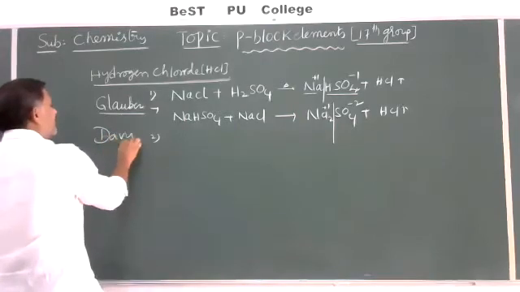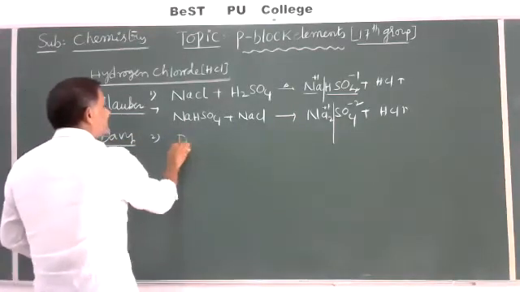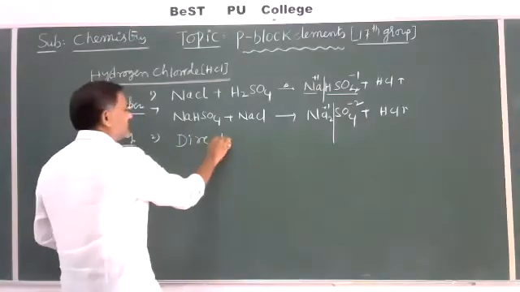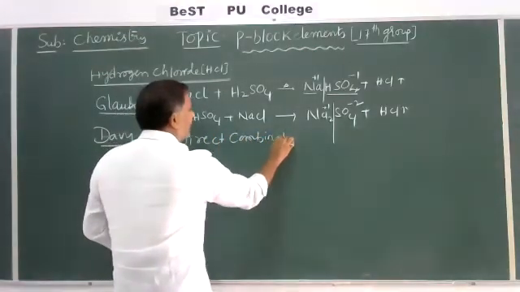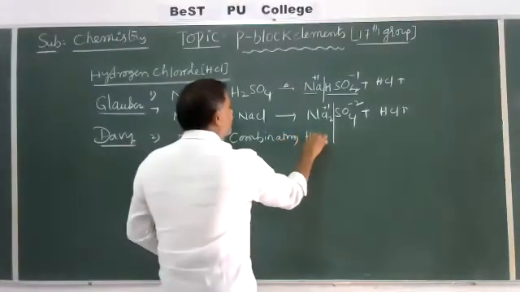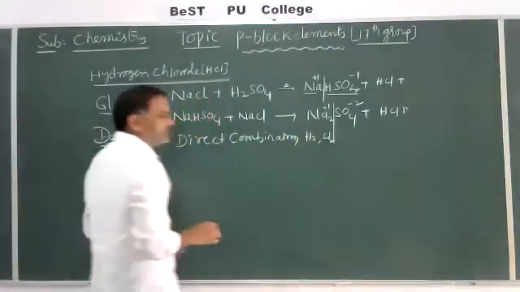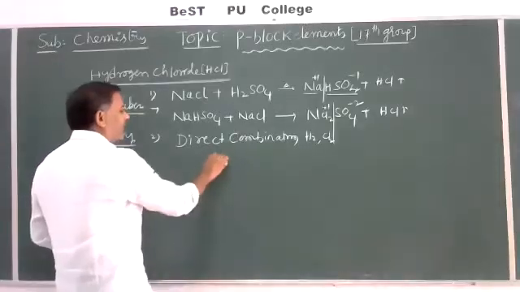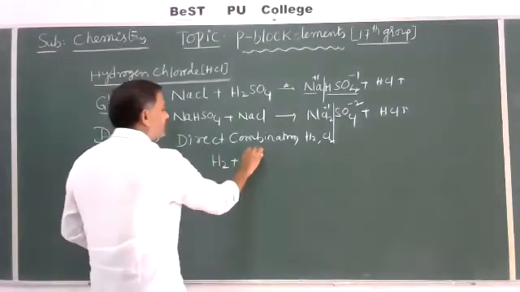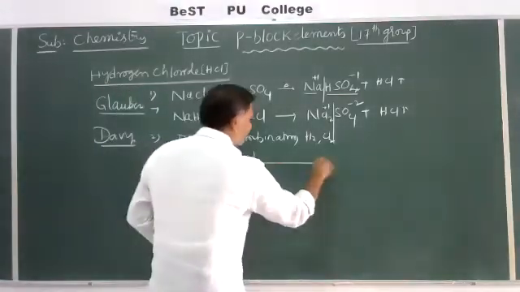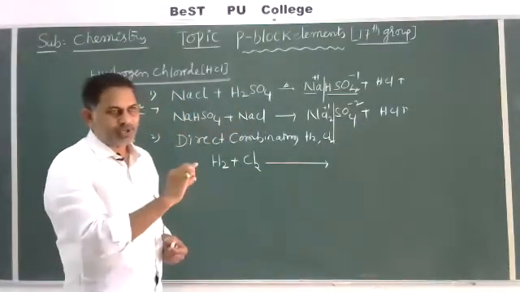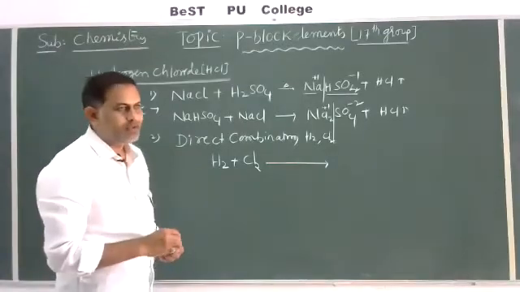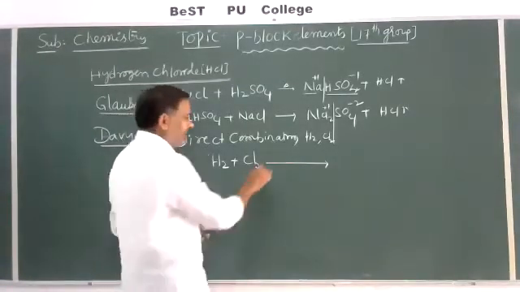The scientist Deacon prepared hydrochloric acid by direct combination of hydrogen and chlorine. Here hydrogen is reacted with chlorine. In the dark it is a slow reaction, but it is carried out in sunlight or UV light.